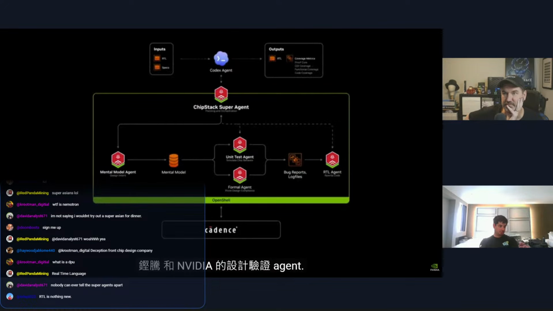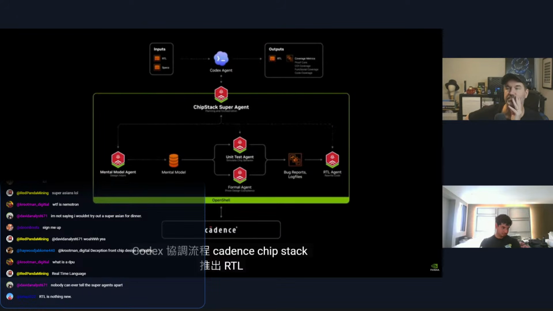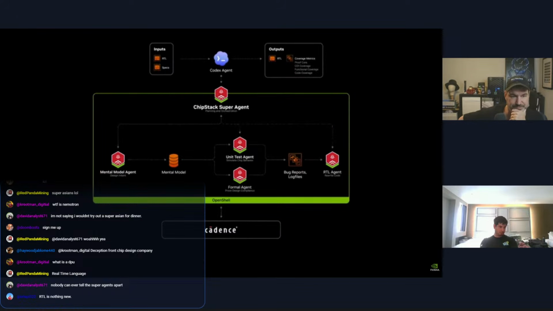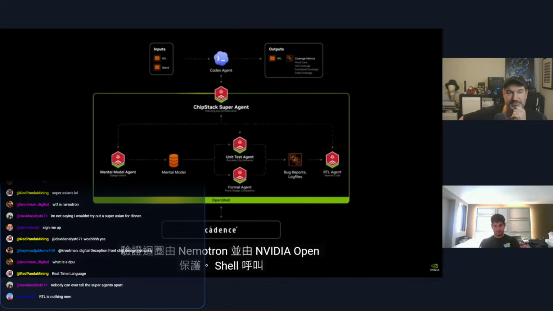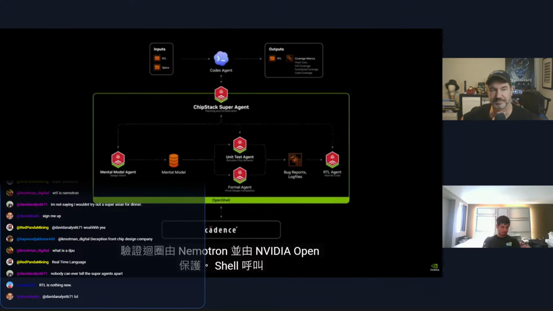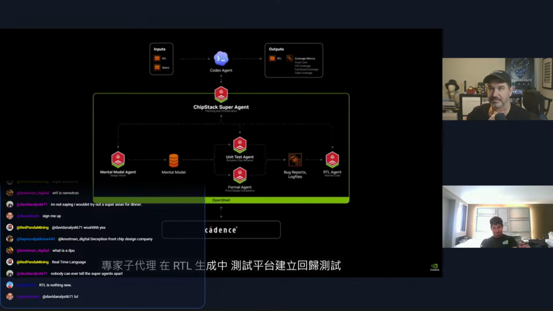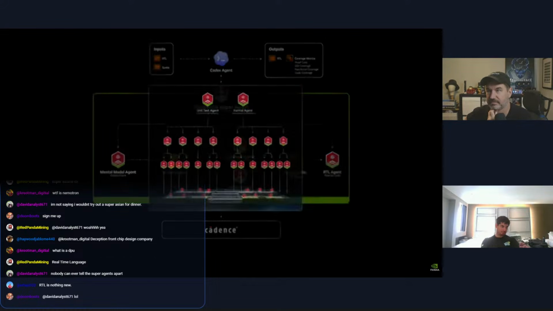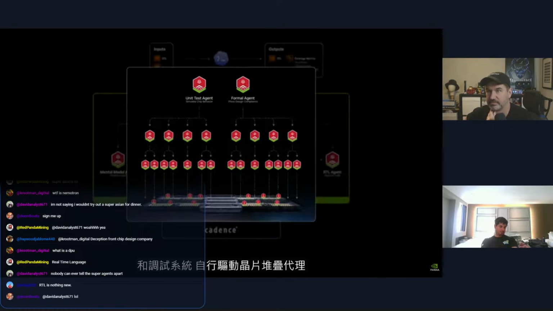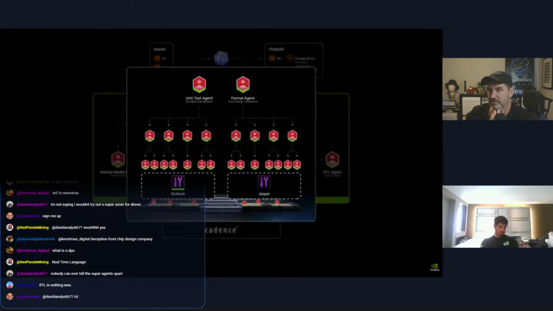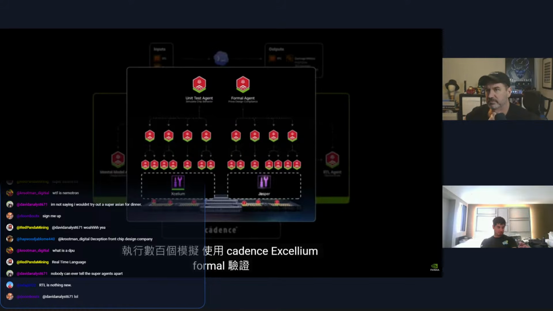Codex orchestrates the process. Cadence ChipStack launches the RTL verification loop, powered by Nemotron and secured by NVIDIA OpenShell, calling on expert sub-agents in RTL generation, test bench creation, regression testing, and debug. The system drives itself. The ChipStack agents run hundreds of simulations with Cadence Xcelium, formal verification with Jasper.